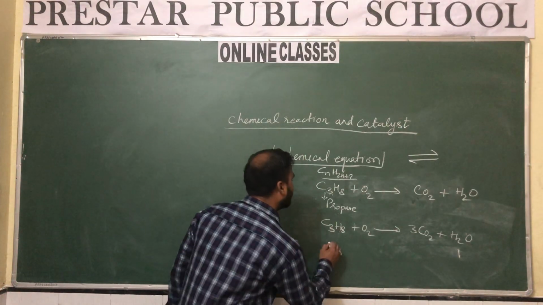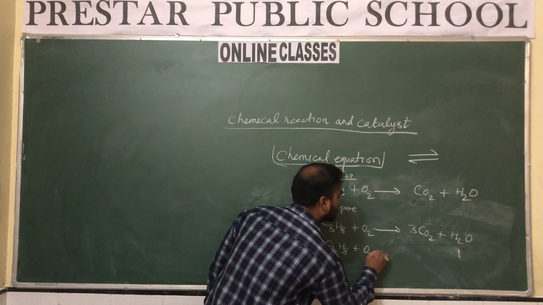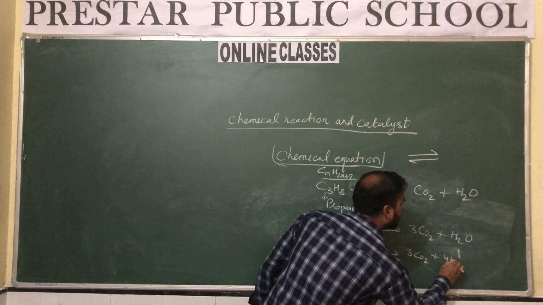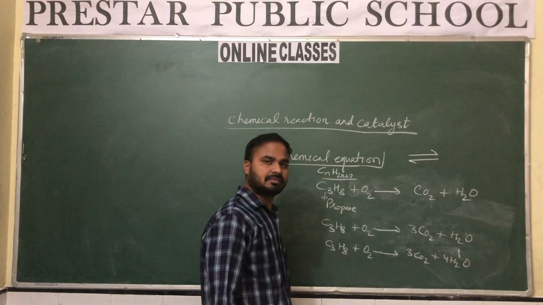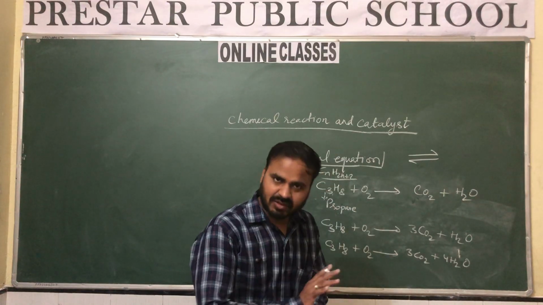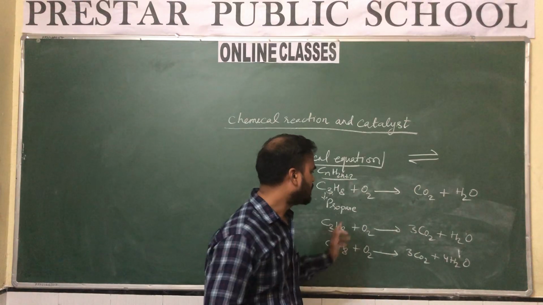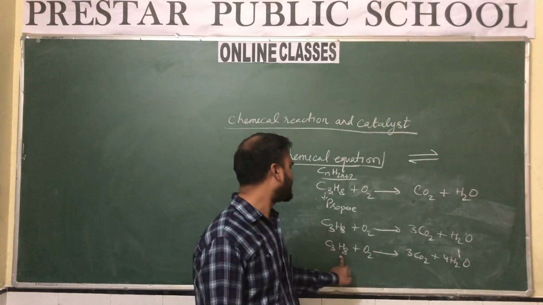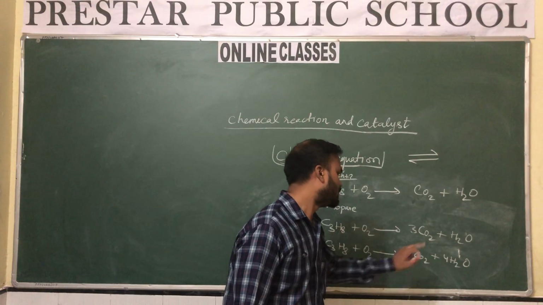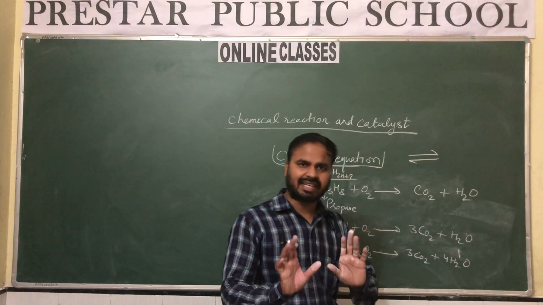So after that you will balance hydrogen. 8, now 8. Hydrogen is balanced or not? Hydrogen is balanced now. Carbon is balanced now. Now just check. C3, here C also 3. H8, here also 4 into 2, H8.